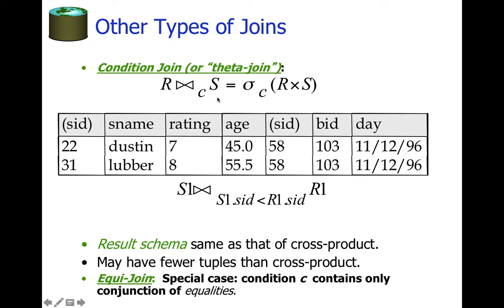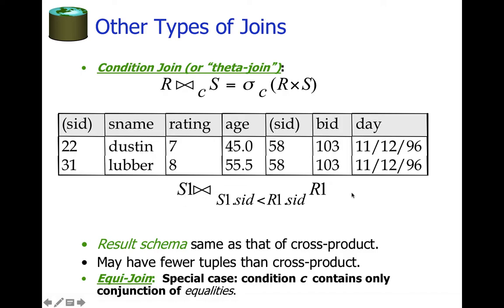So when you say table R join on a condition with table S, it's as if saying a selection on a certain condition on the cross product of R and S. So you cross product R and S and you take only the records that you need.